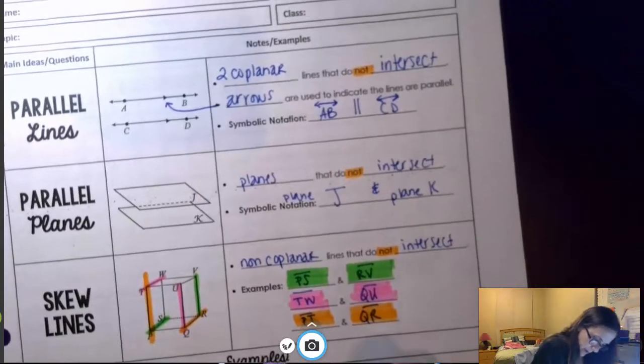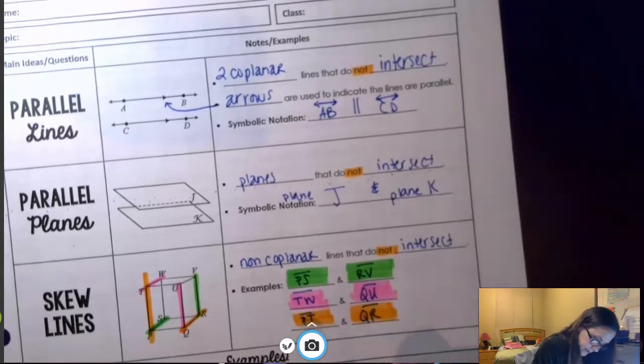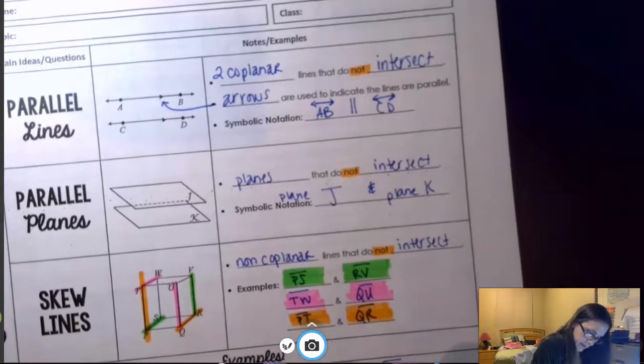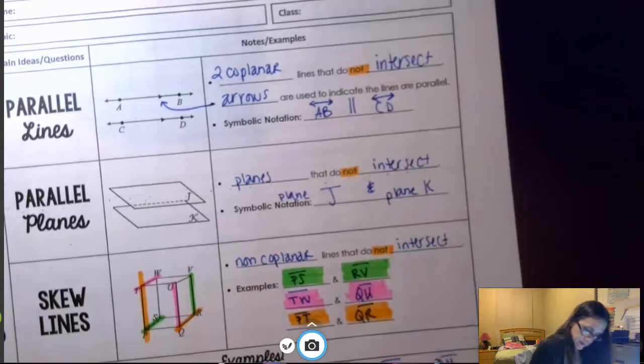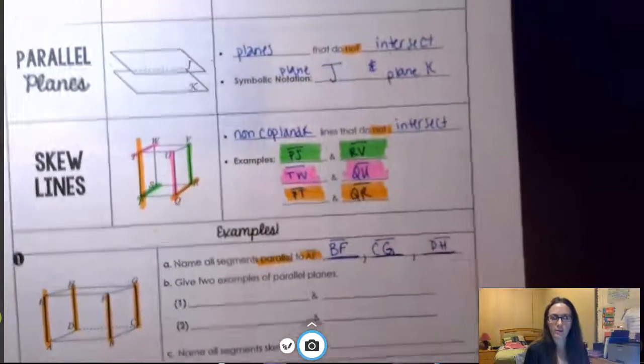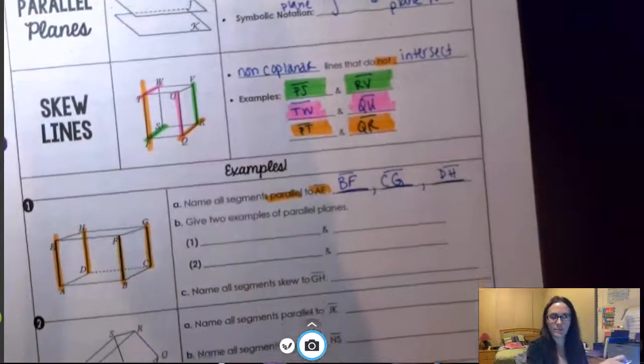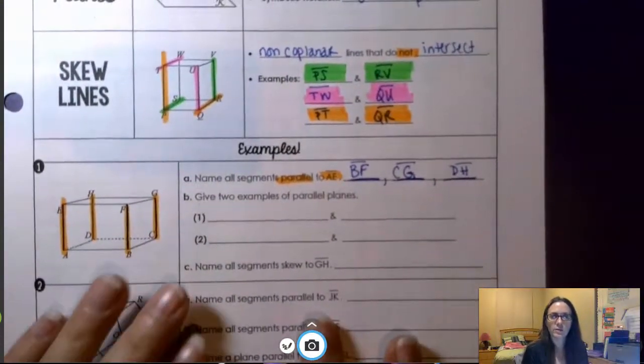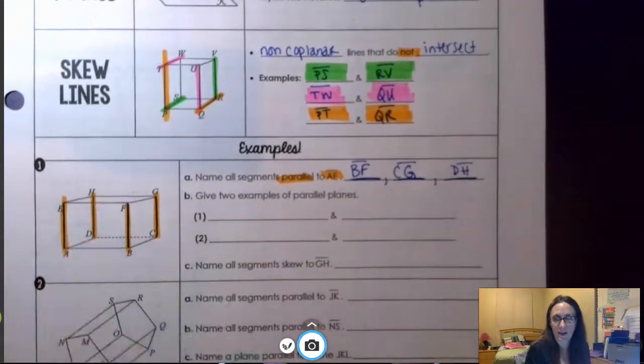I'm going to say BF. I'm going to say CG. I'm going to say DH. There we go. Oh, you can't even see that. Oh my gosh, I apologize. Okay, so those are going to be parallel to AE, and then I colored them with the orange highlighter.